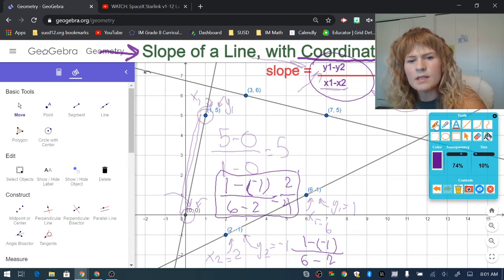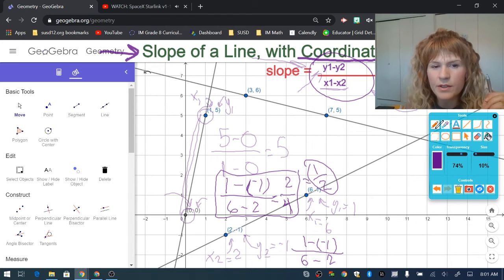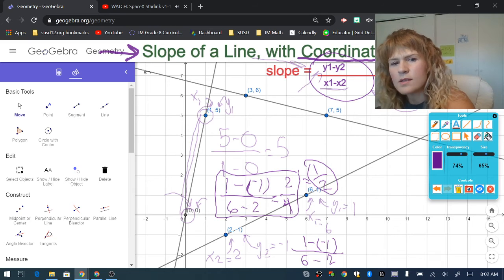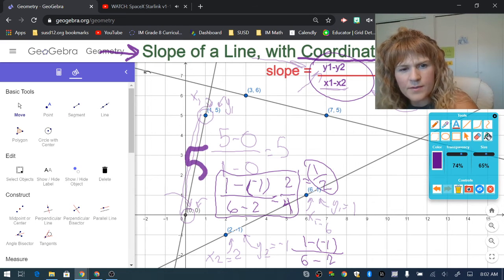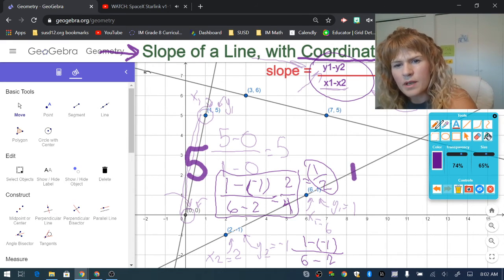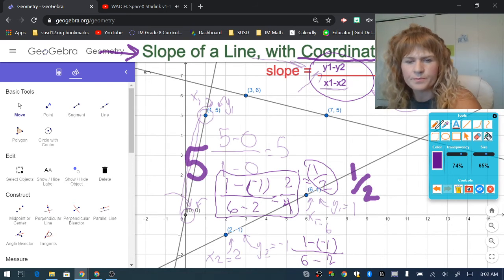The slope is 2/4. 2/4 equals 1/2. Okay, the slope of the line is 1/2. Good job. I'm going to write these slopes on the lines bigger. This slope was 5. This slope here is 1/2.